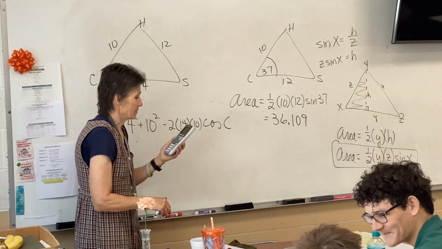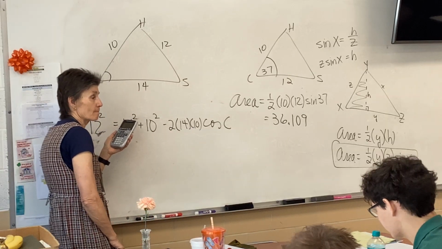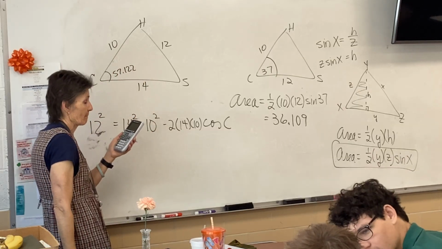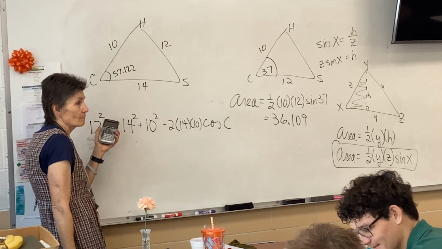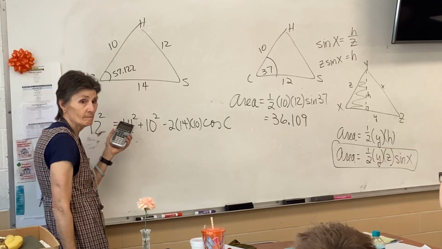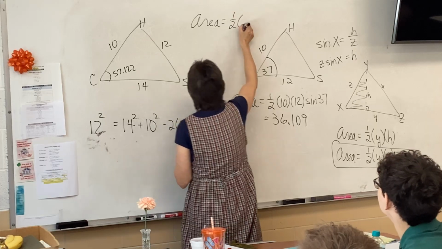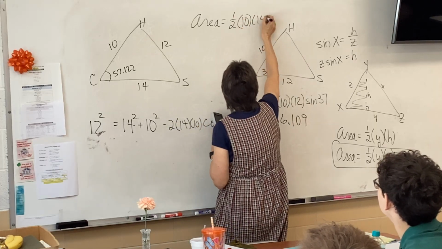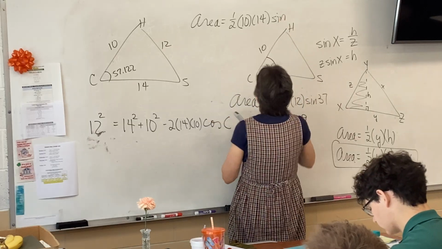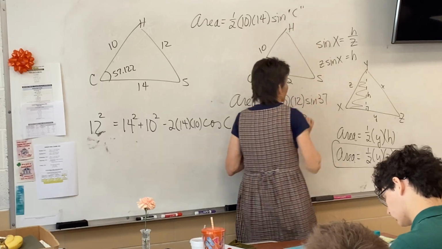I got 57.122 for my angle C. Yeah, that's right. That's what I had before. Now can I find the area? So the area will be 1/2 times 10 times 14 times sine. Remember, area is 1/2 side side sine. So 1/2 side side sine of that angle, which is in my calculator.